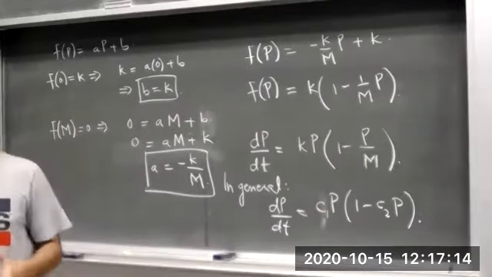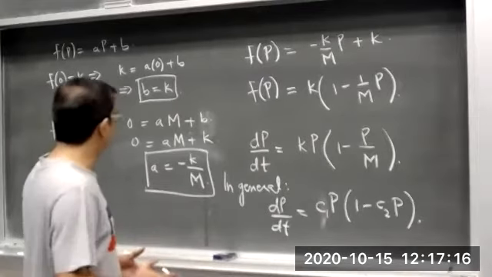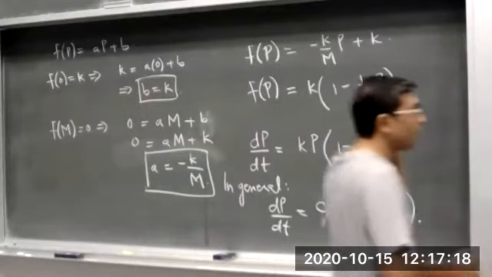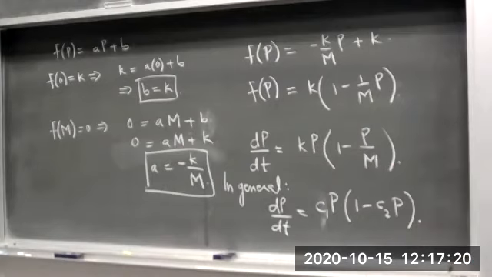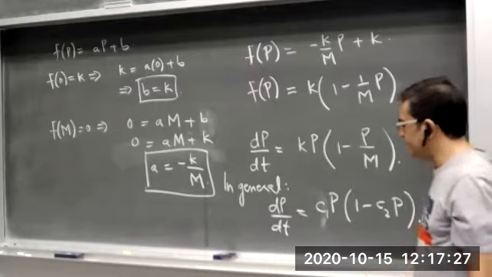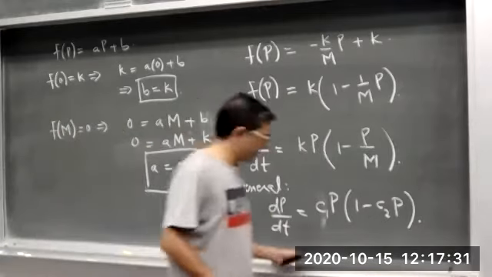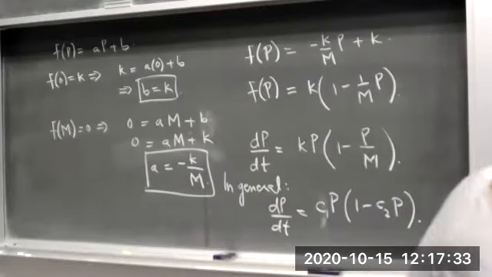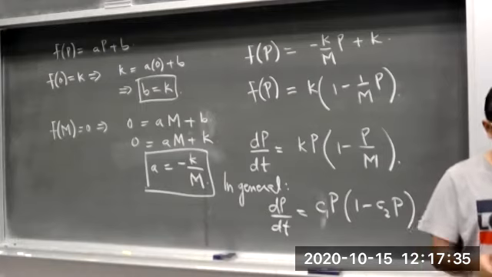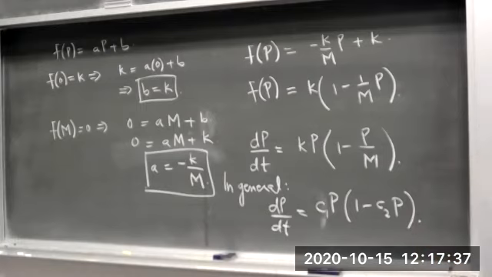So this is basically called the logistic equation. This equation predicts the growth of population with limited resources or limited number of population in certain situations.